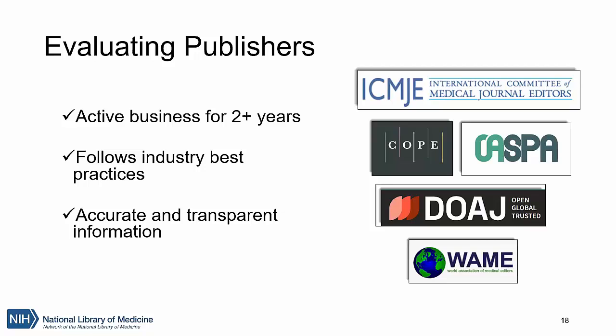Both of those reports are linked on your handout if you want to read them further. We also look for accurate information, evidence that the publisher knows how to operate a journal, and evidence that journal content is actively maintained. If they don't pass this review, the journal may reapply after a period of time.